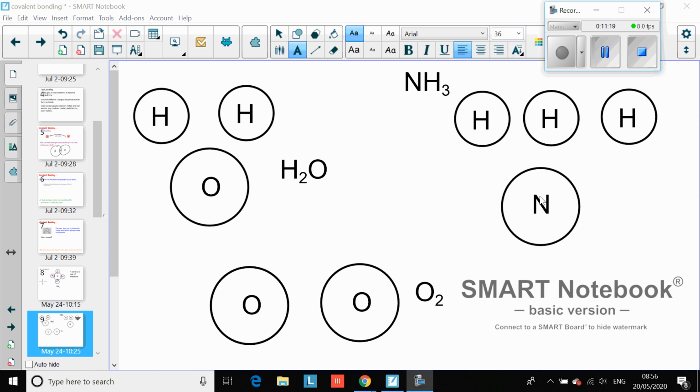This is ammonia, which is NH3, so 1 nitrogen and 3 hydrogens. So how many electrons are in nitrogen's outer shell? This is the tricky one. Oxygen, O2. How could you bring those together? So they've all got 8 electrons in their outer shell and can have the bonds. Okay, so pause the video and give it a go. This will probably take you about 10 minutes or so to do because it is quite tricky.